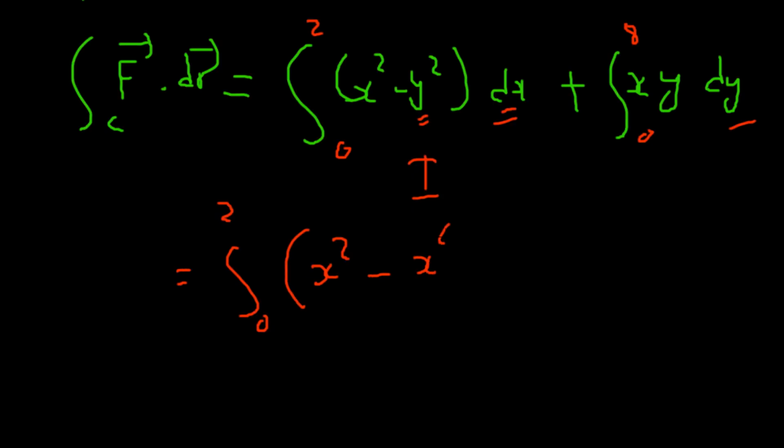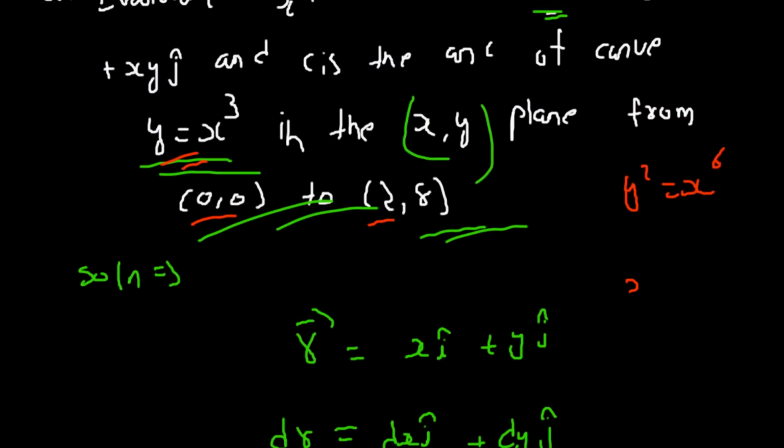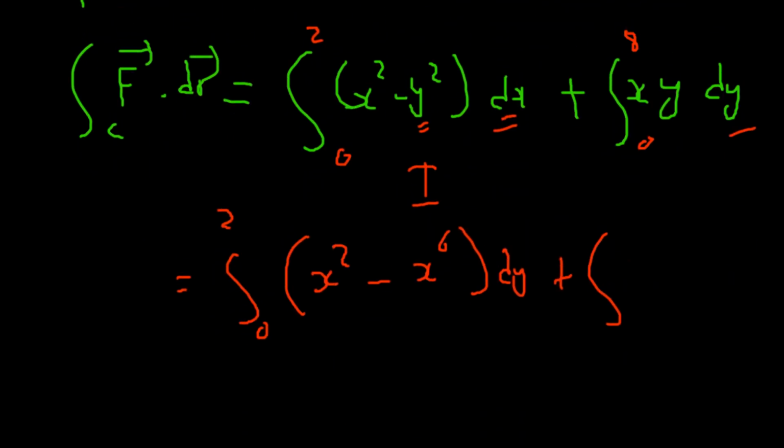And for the second one we have to put the value of x in terms of y. The value of x will be y to the power 1 by 3, and you guys are smart enough for that also. So for this we're going to put y into y to the power 1 by 3 dy.